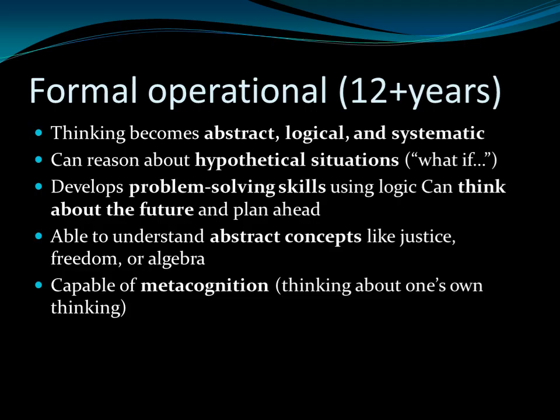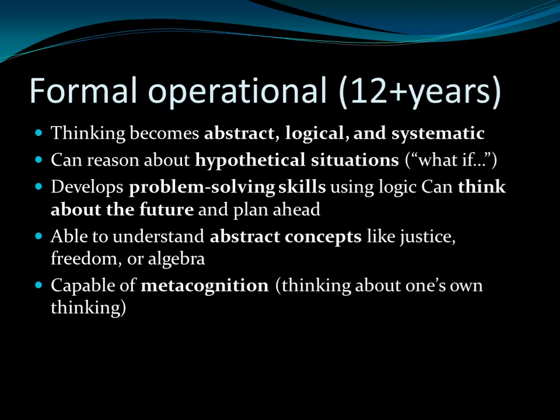This is the stage that continues as they grow until they become adults, until the end. And these are the four stages. Jean Piaget believed that as humans, you have to undergo these four stages in that same order in order to reach full human cognitive potential. That is what he believed.